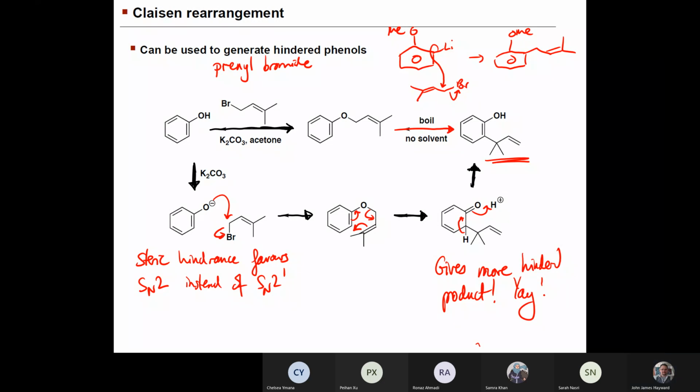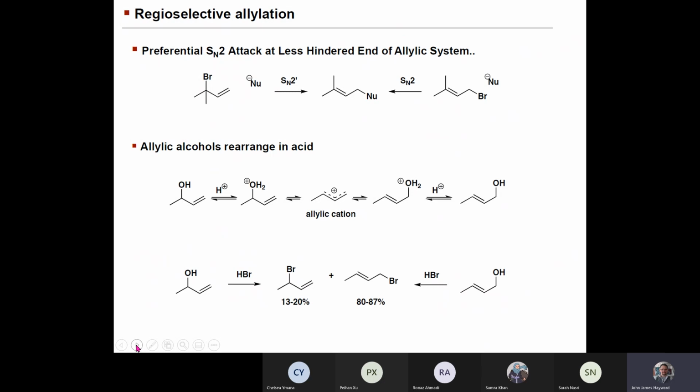So, allylation. Let's talk about it a bit more generally, okay? If we want to get this product here with the less hindered nucleophile attacking, we can actually use 2 different starting materials, because we could either get the more hindered bromide, shown here, and do an SN2 prime reaction, or we could start from the less hindered bromide and just do a standard SN2.